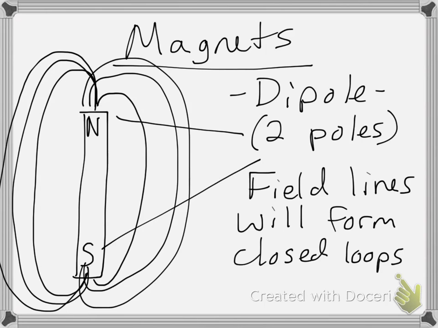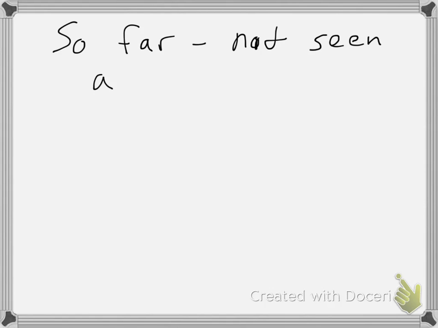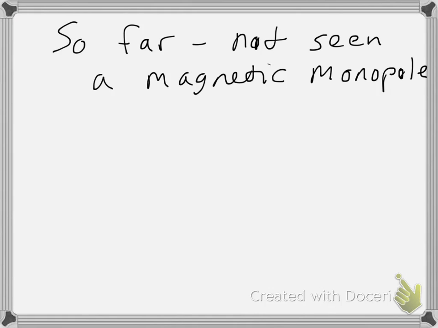And another property of magnets is that so far we have not seen a magnetic monopole. And what that means is it's not possible as of yet to separate a north pole from a south pole.